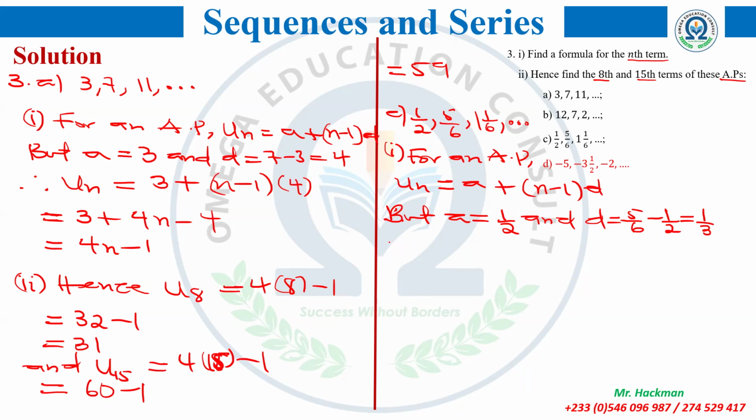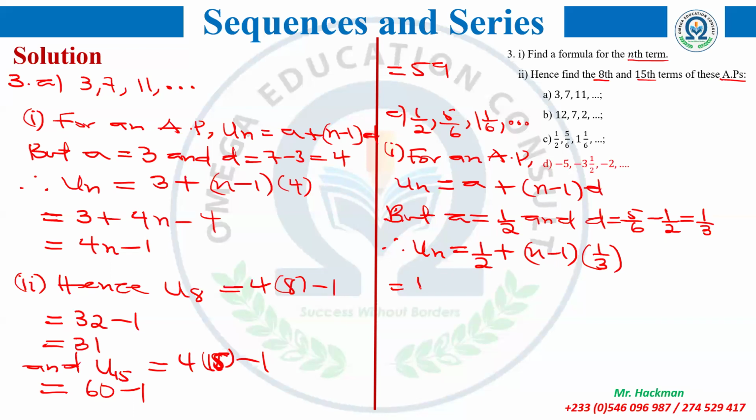Okay, so at this point, you substitute: your U sub n, the nth term, will be equal to our A, which is 1/2, not that pretty, but we can still work with it, plus n minus 1, then times our D, which is also not pretty, 1/3, a fraction. I've told you, expand and combine like terms, always, don't leave it with a bracket.